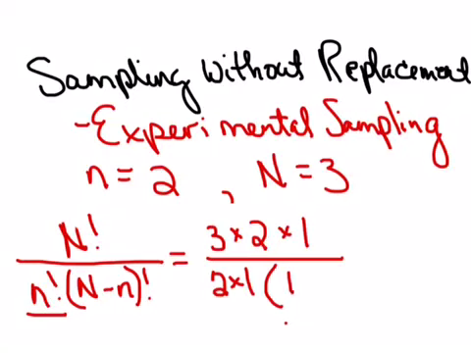So 2 times 1, which is 2, times 1, and there's nothing else after because nothing is lower than 1. We're basically doing 2 times 1 times 1. Once we get our answer, we should be getting 3. So with experimental sampling, taking a sample size of 2 from a population of 3, we will need 3 samples of 2.